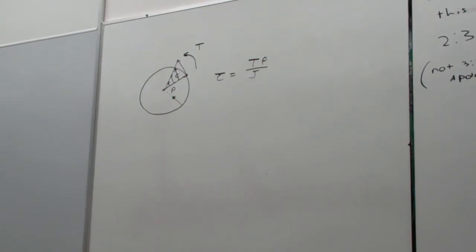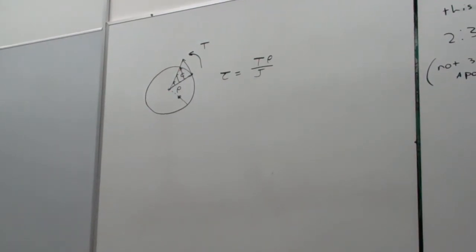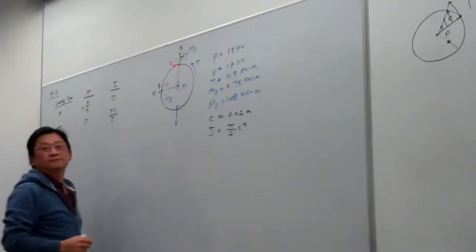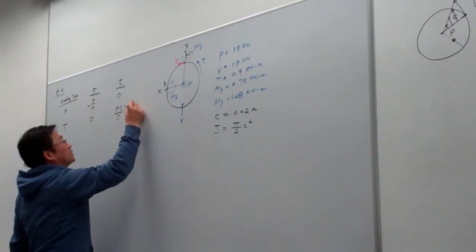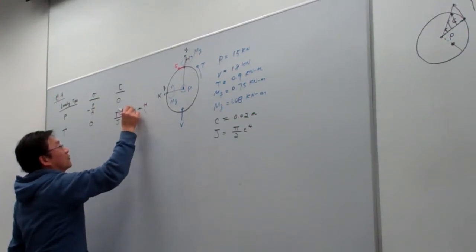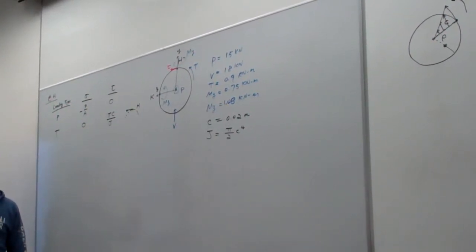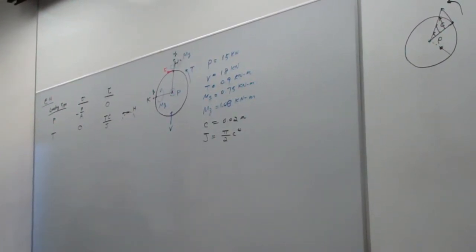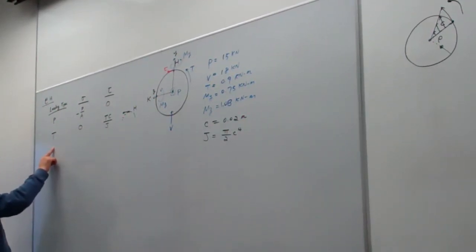So that is the direction of tau for this case. For example, the point H is here, and we simply make some symbols to remind us. This might be used to superpose with other quantities, but at least we make a symbol here. And now we go to the next one.